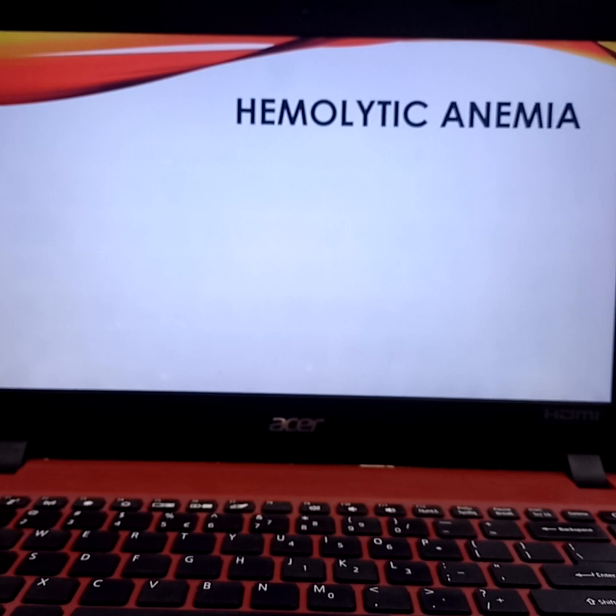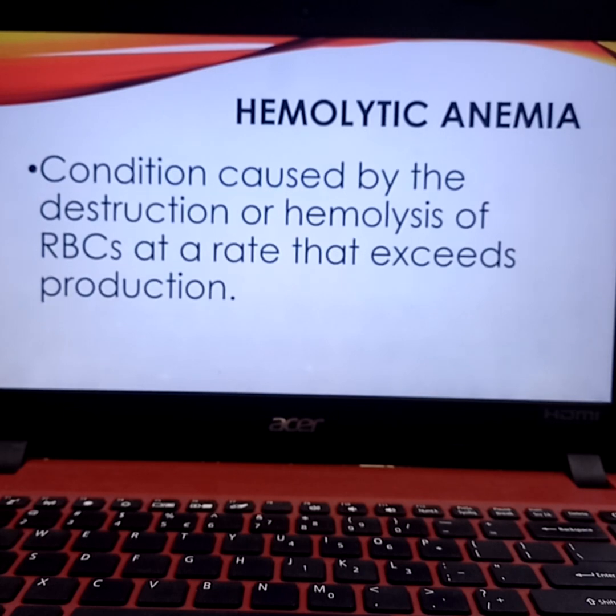From the word itself, hemo means blood, lytic means lysis. Basically, this is the destruction of the blood, hence leading to your anemia. This condition is caused by the destruction or hemolysis of RBCs at a rate that exceeds the production. Why? Because the lifespan of a red blood cell is 3 months.